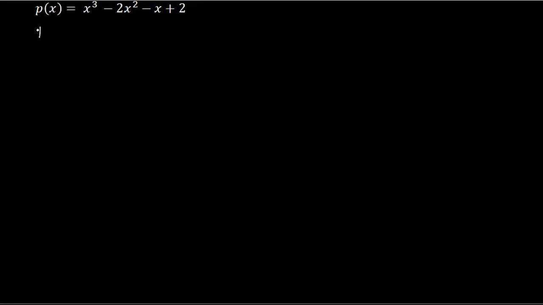Let us put x equals to 1, and we know since the sum of coefficients is 0, we can add these coefficients 1, negative 2, negative 1, plus 2, and this sum is obviously 0. So x equals 1 is a zero of the given polynomial p(x).